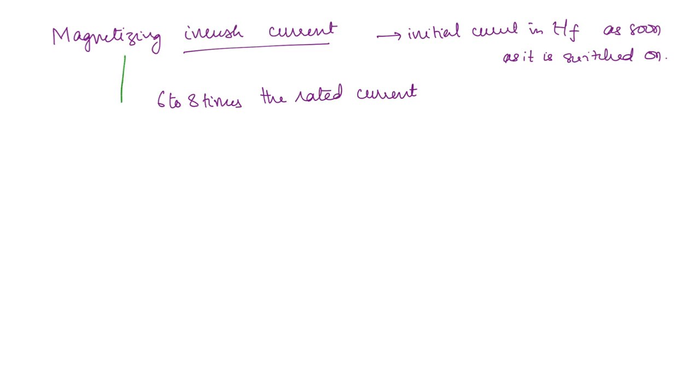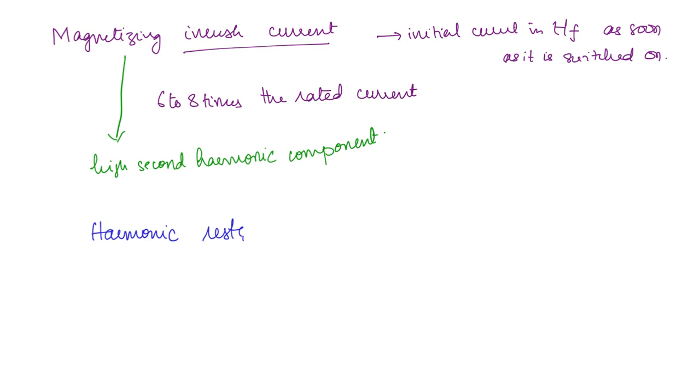The inrush current is going to contain a high second harmonic component. Using this, we are going to use something called a harmonic restraint relay. What is this going to do?